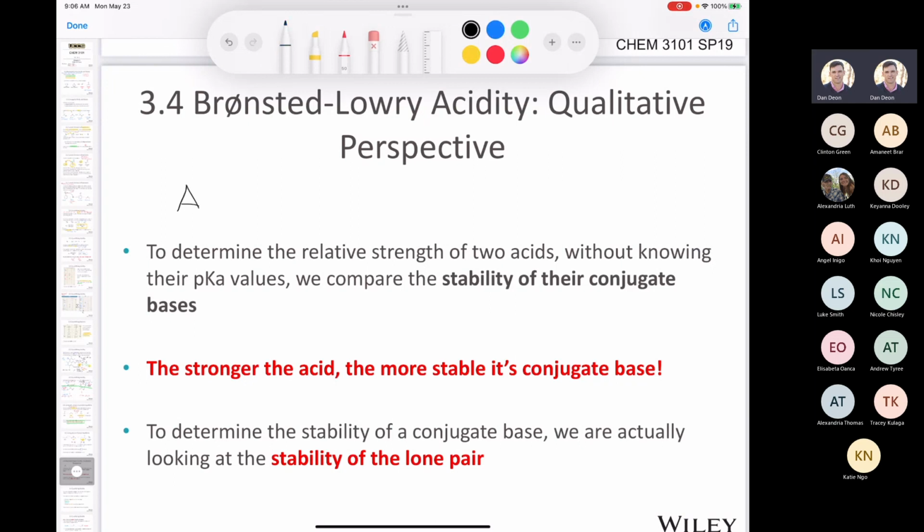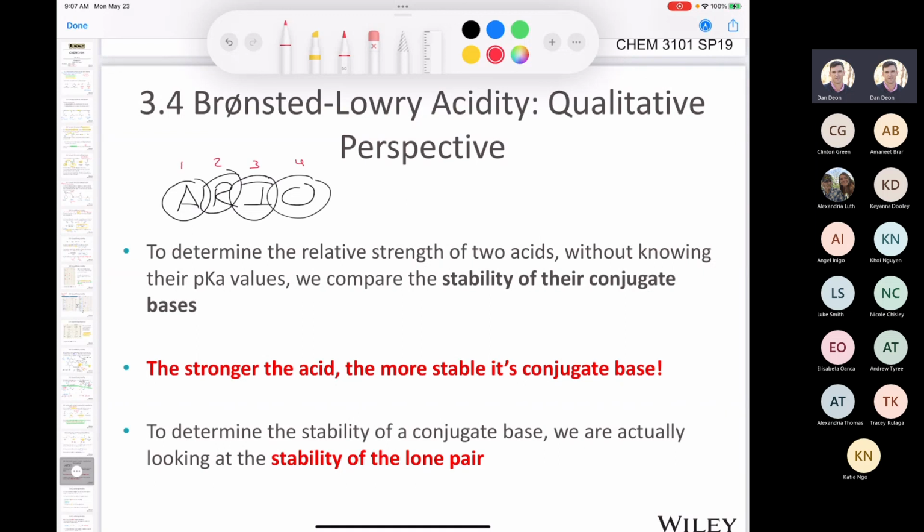ARIO, A-R-I-O, represents the 4 steps that you take to assess which base is going to be more stable. The A stands for atom, R stands for resonance, I stands for induction, and O stands for orbital. And we use them in that order. We start with atom, we go to resonance, we go to induction, and finally, we look at orbital.